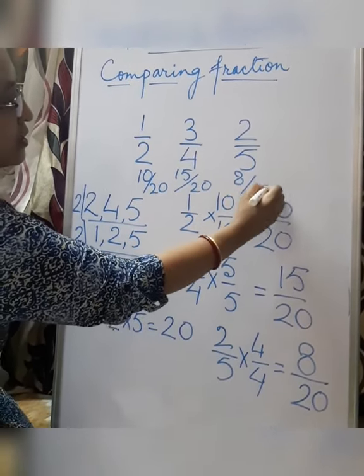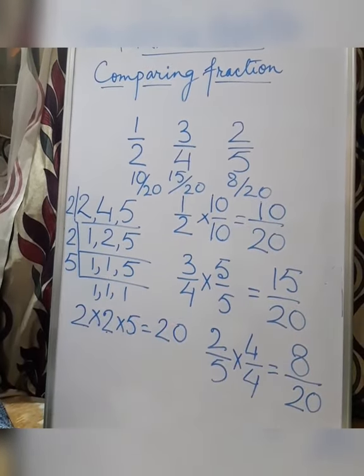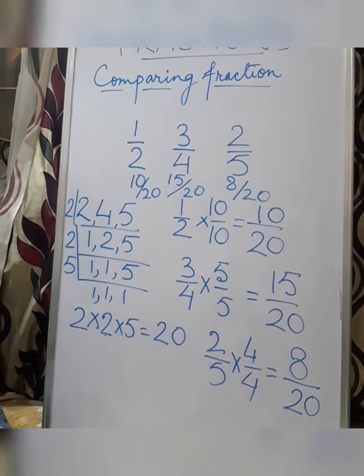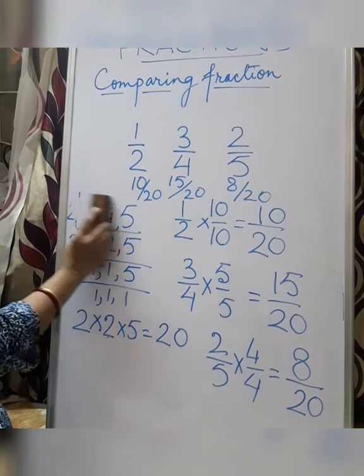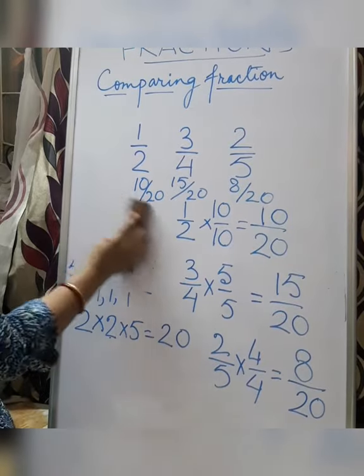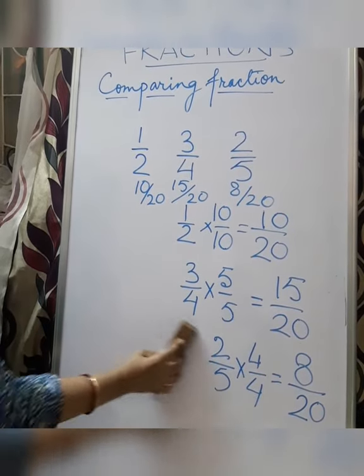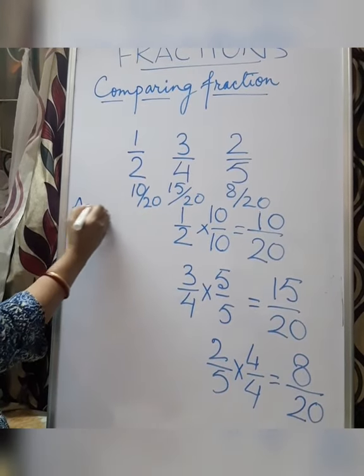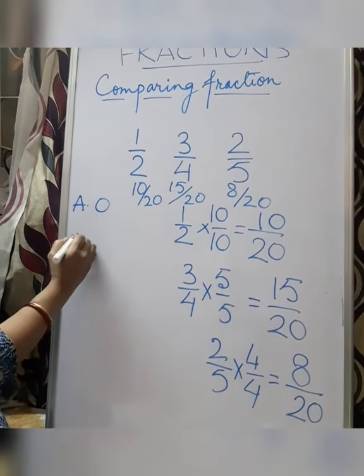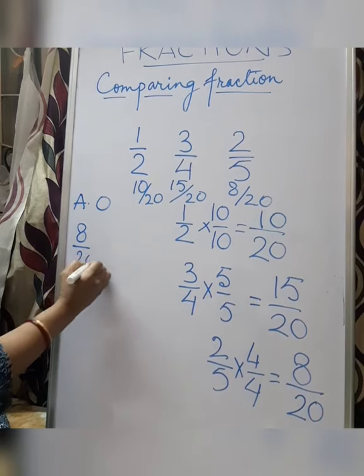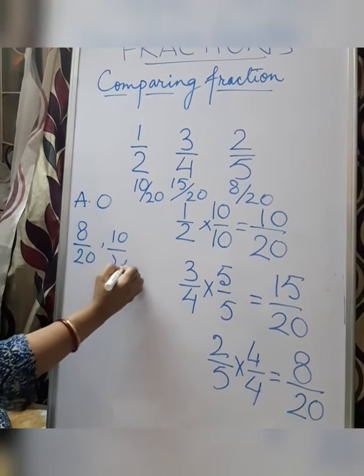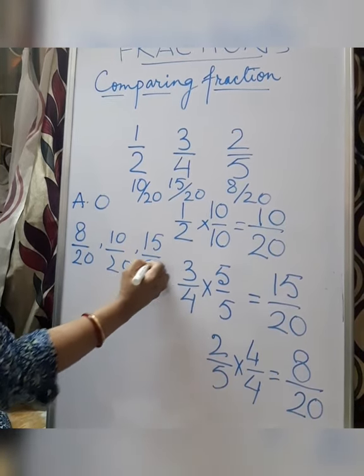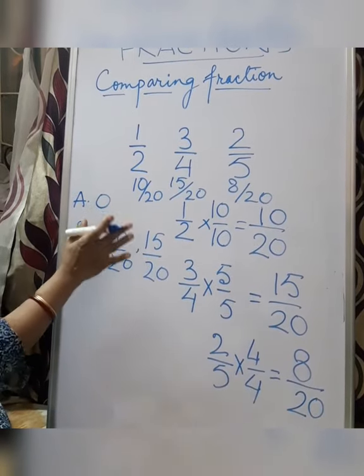Now we can arrange them in increasing order or decreasing order. So if we want to arrange in ascending order, we will have to put 8 by 20 first, then 10 by 20 and then 15 by 20. Now we don't have to leave it as such.